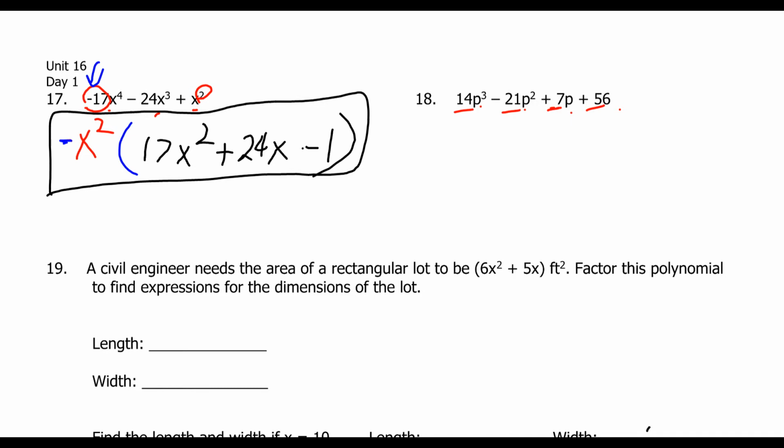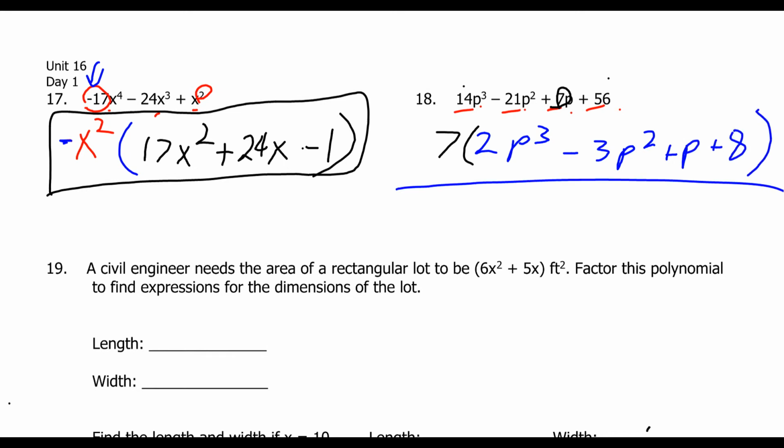Things that I noticed, though, is that we have a 7. 7 goes into 21, 14, and 56. So we go 7 into, that's going to be 2p cubed minus 3p squared plus p plus 8. And there we have it.